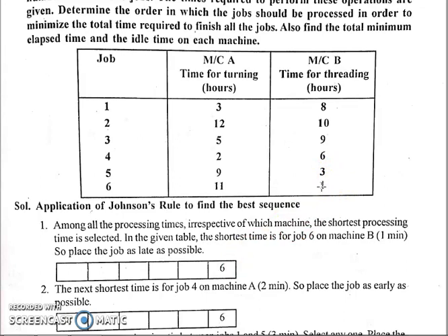Then after 1, which is the very least possible time, that is 2. You can observe here there are 3 and here 2. This is the processing time of job 4 on machine A. If the minimum time is on machine A, keep that particular job as early as possible, or on the left hand side, leftmost.